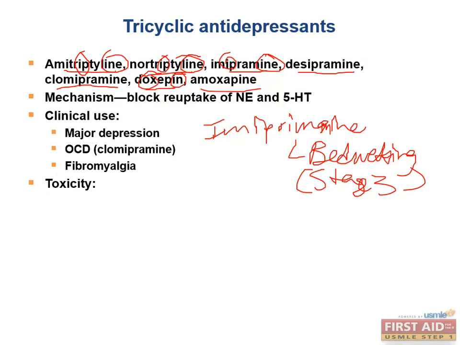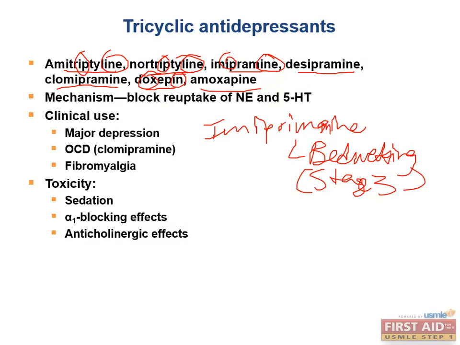Now let's look at the toxicities. While these drugs are considered to be effective for their clinical indications, the major drawback to their use is their pretty awful side effect profile, and they include sedation, alpha blocking effects, and anticholinergic effects.